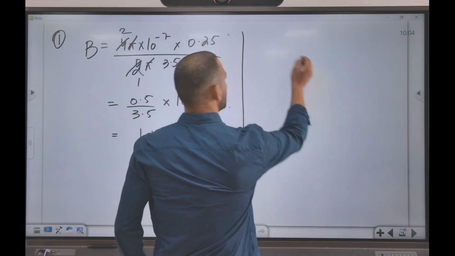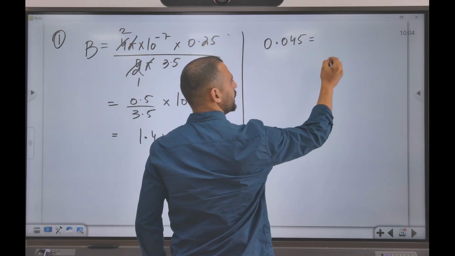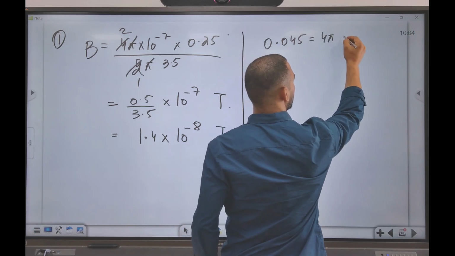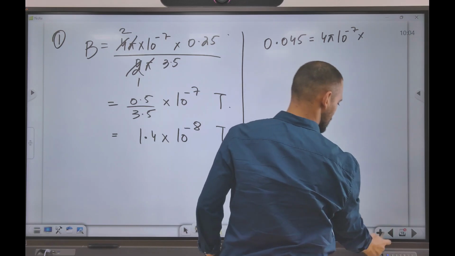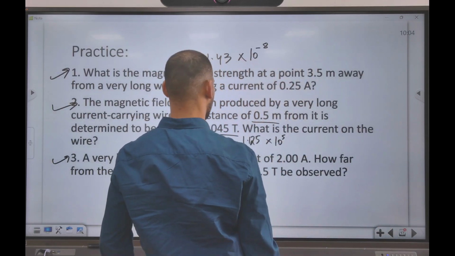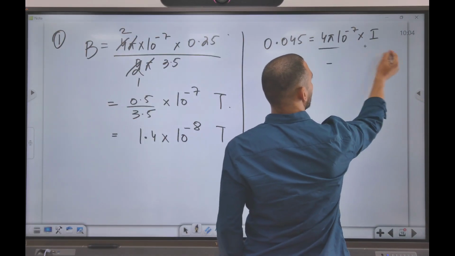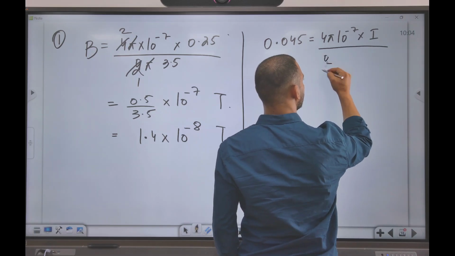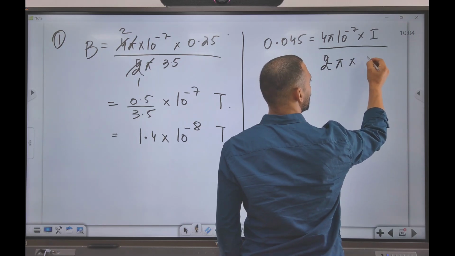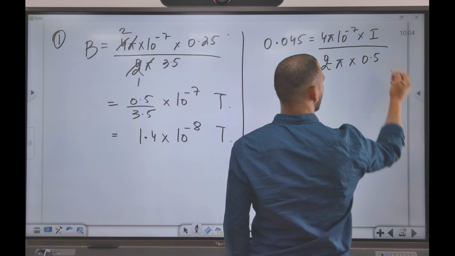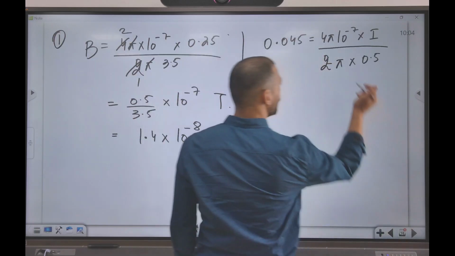So the magnetic field 0.045 equals mu naught, 4 pi times 10 to the power negative 7, times the current, which we have to find, divided by 2 pi times the distance, which is 0.5. Find the value of current for me.